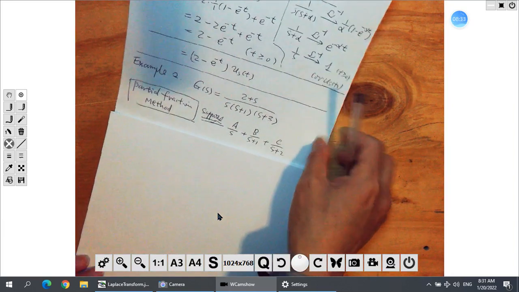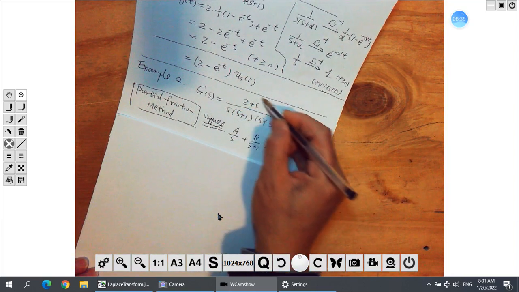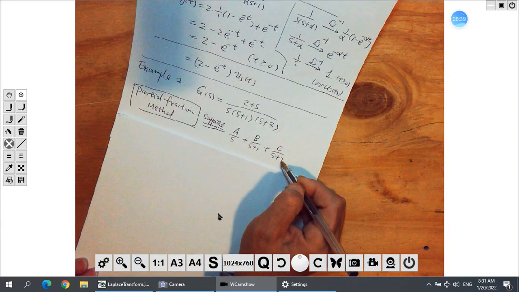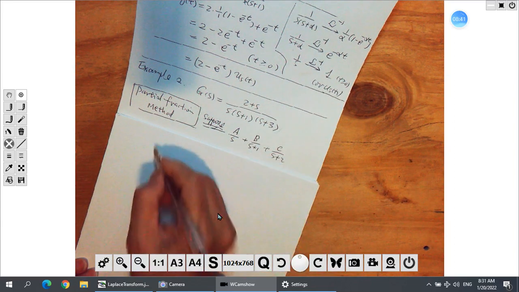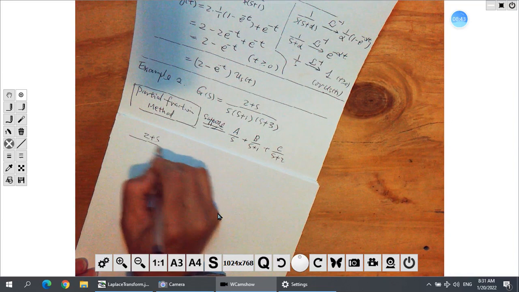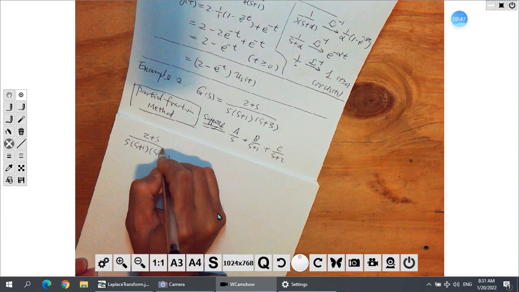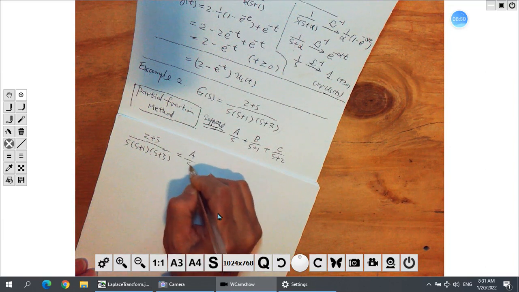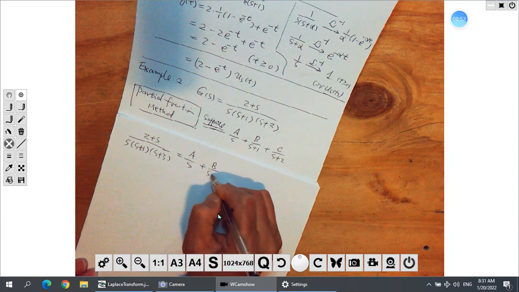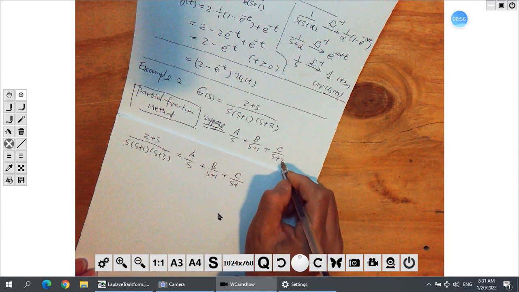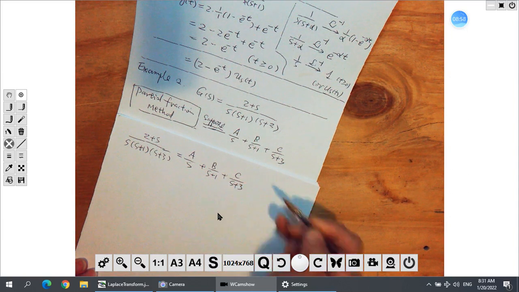We know this whole fraction equals the summation of these 3 fractions. So this one equals this one: (2 plus s) over s(s plus 1)(s plus 3) equals a over s plus b over s plus 1 and c over s plus 3. The third term is s plus 3.